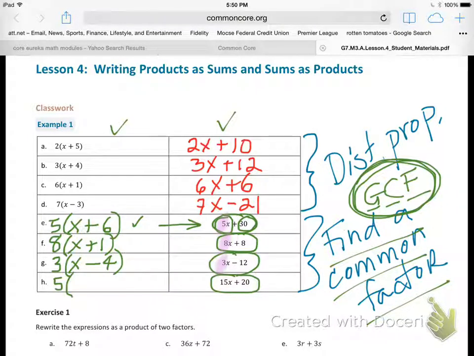Now 5 times 3x gives you 15x, and then we add, and 5 times 4 gives you 20. If you did the distributive here, you would do 5 times 3x, and that would give you the 15x, and then 5 times 4, and that would give you the 20.